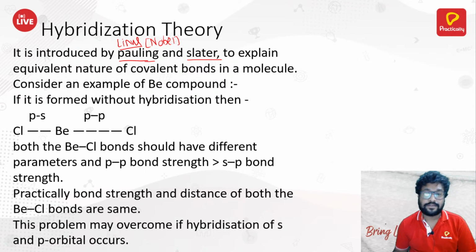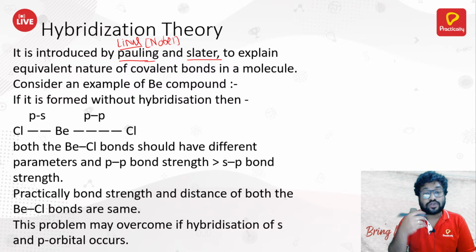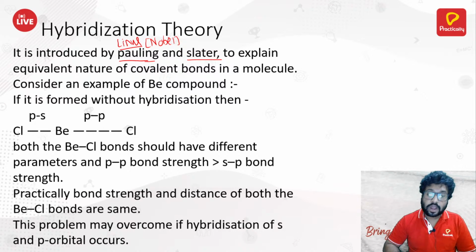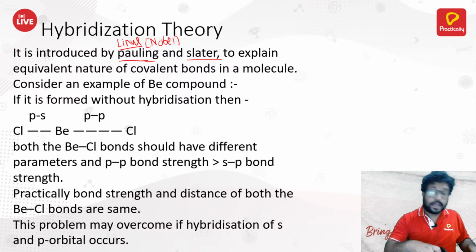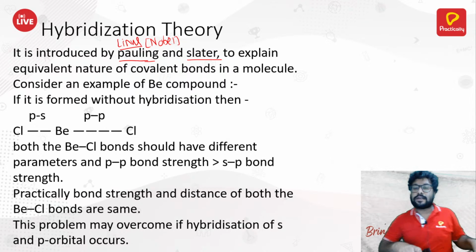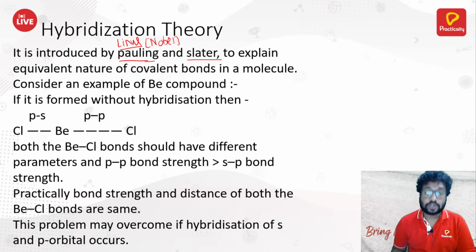Now, this theory was actually introduced to explain the equivalent nature of covalent bonds in a molecule. Because every bond that you have in a covalent molecule is equal. You will never see that some bonds are weak, some bonds are short. I mean, in some cases it does happen, but in maximum cases all the bonds are equally strong.